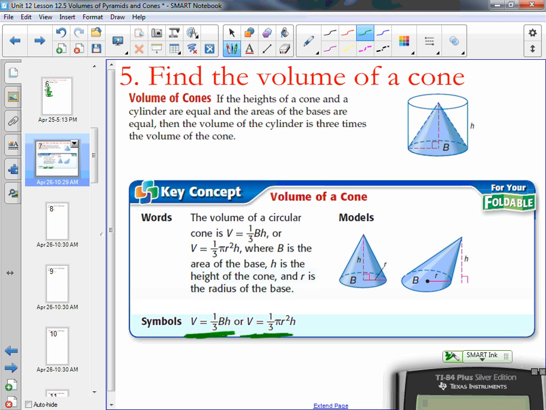And also, remember yesterday with Cavalieri's principle? This formula works whether or not we have a right pyramid or an oblique pyramid, a right cone or an oblique cone. The only thing to remember is if it's oblique, the height's not going to be the axis, okay? It's going to be some little segment, like this one is, that's outside of it if it's oblique.